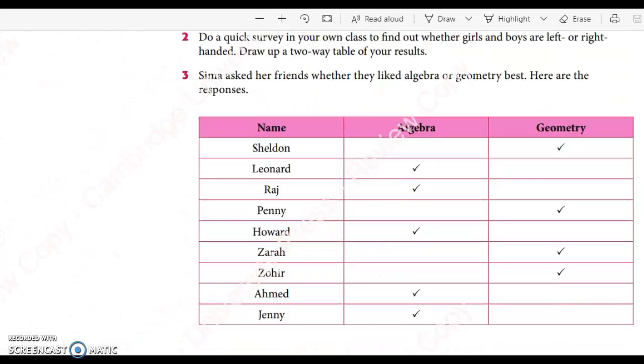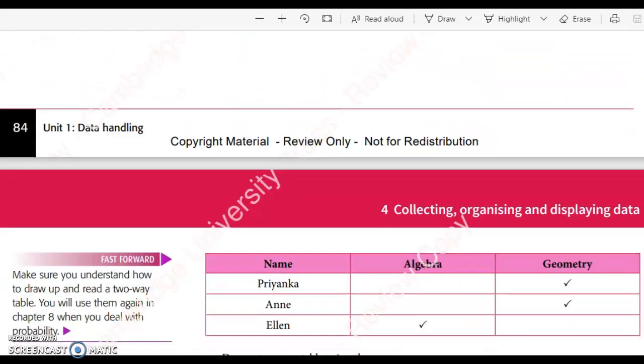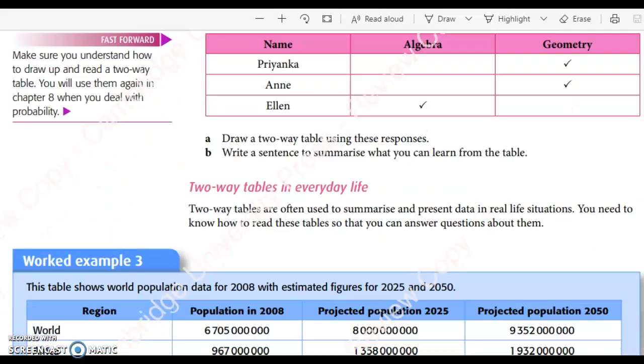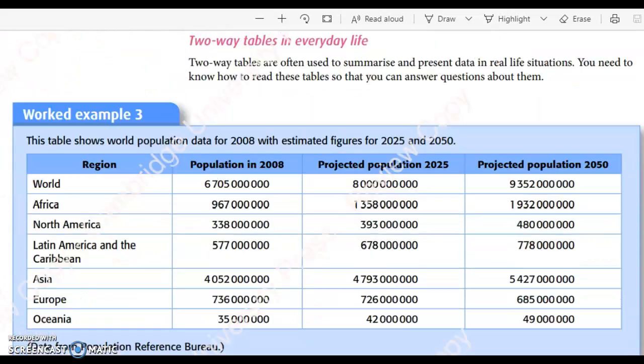Then in your daily life, you may find two-way tables. For example, the number of COVID-19 cases in the world, and then active cases, the people who have recovered from the disease, and the last one is the number of dead people because of COVID-19.